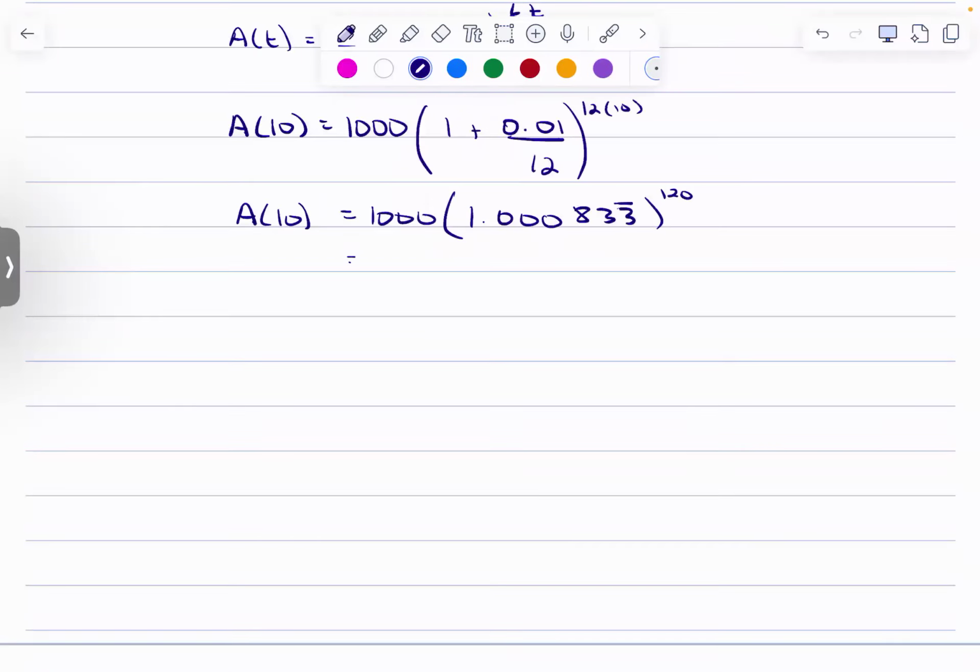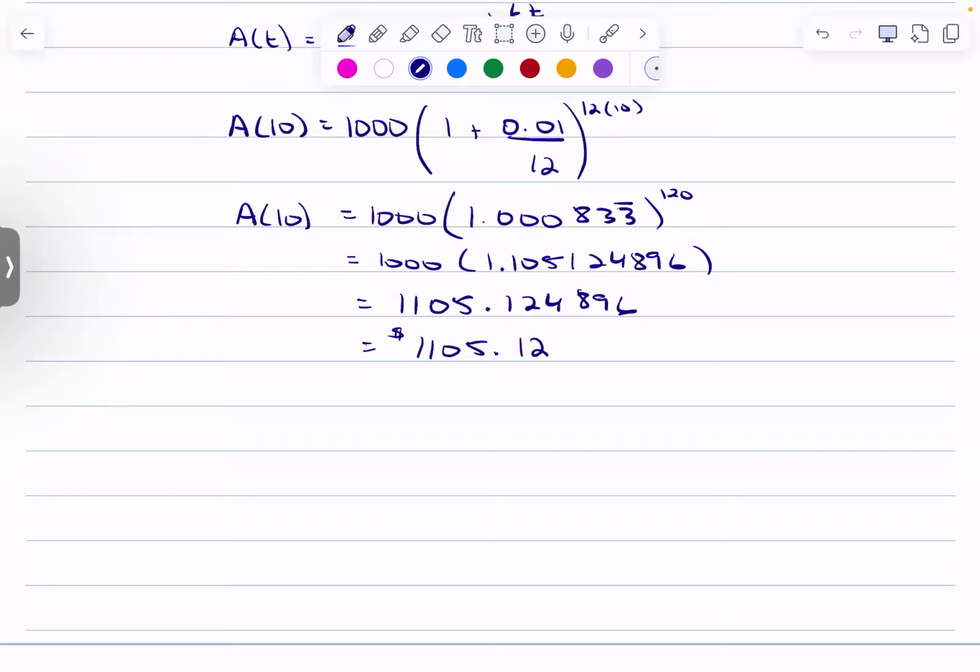But that's okay, we can just keep all our decimal places. 1.105124896, and it keeps going, but if I times it by 1,000, it's not until the very end, 1105.124896, that we can round to 2 decimal places: 1105 and 12 pennies.